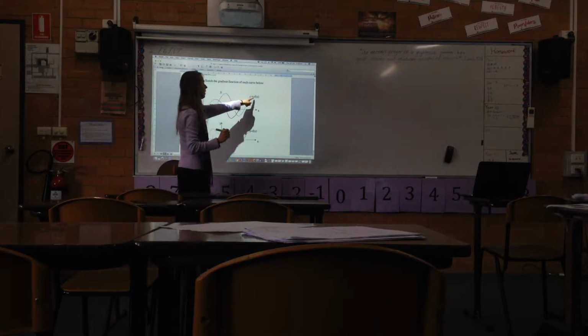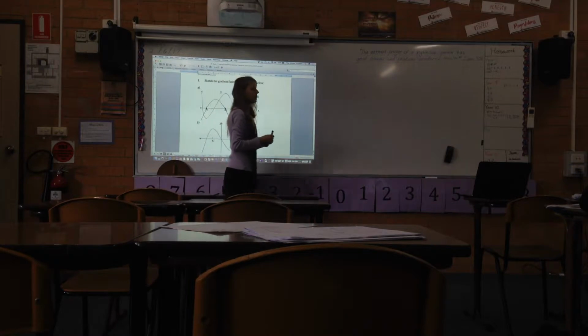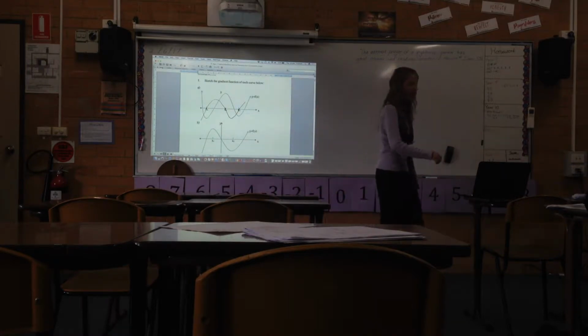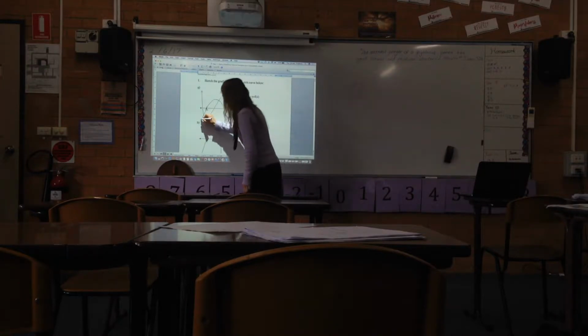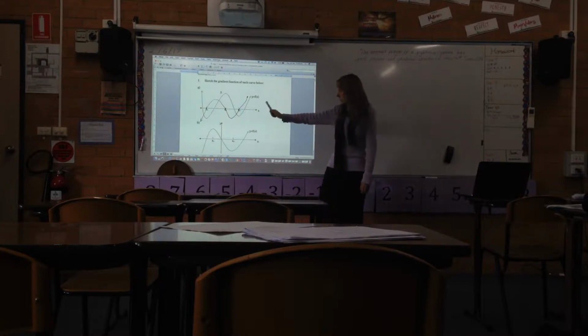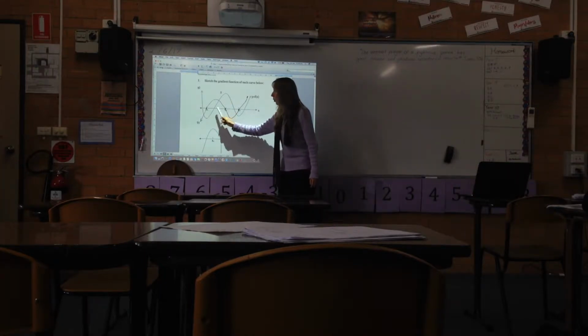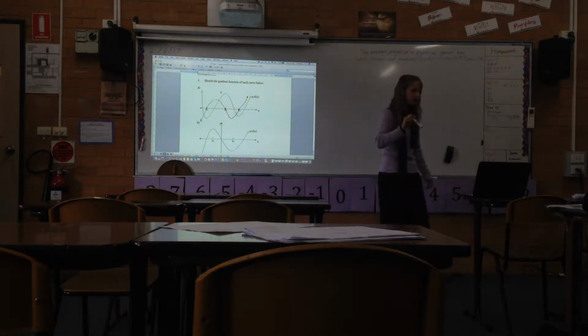What about over here? Positive. Another positive. So my gradient function is going to look something like that. So that's my gradient function. The important thing to note is that at every turning point, your gradient function must cross the line.